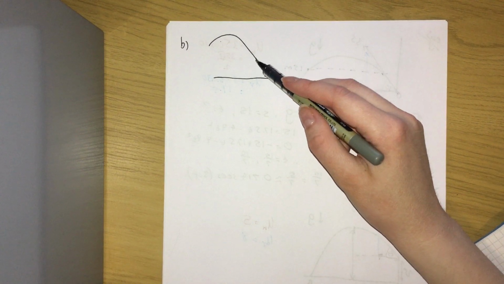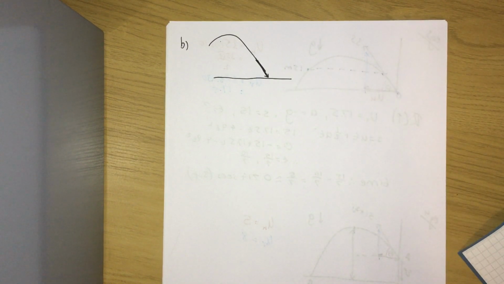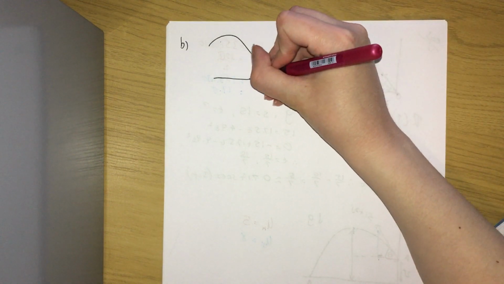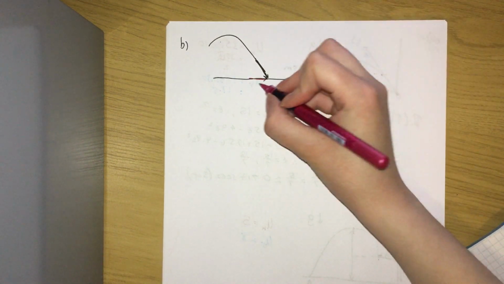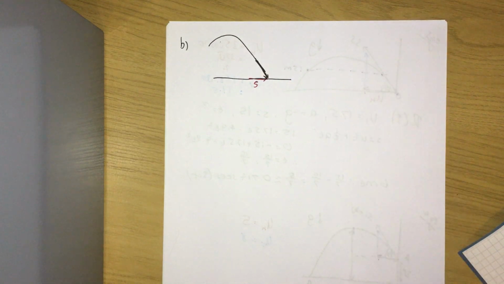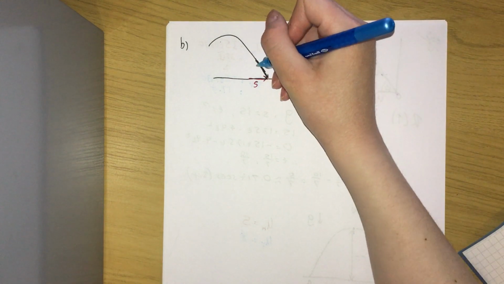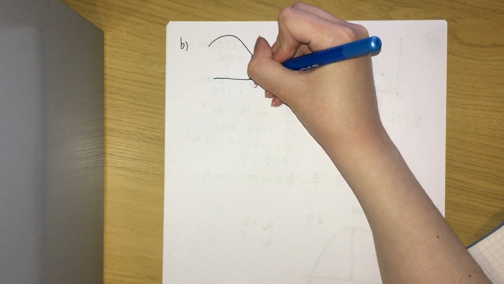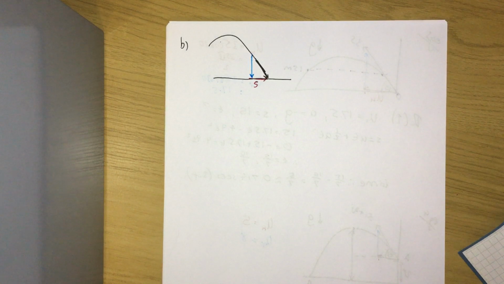So it's not going to be specifically horizontal or vertical, it's the combination of the two. Now we know horizontal component velocity is the same as it was before. Horizontal velocity has not changed. But I don't know what the vertical velocity is here.